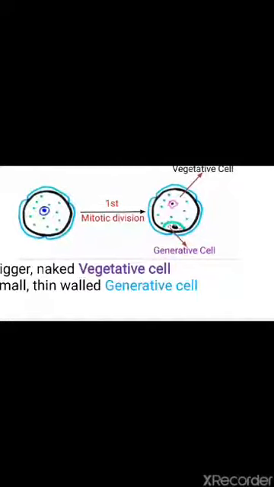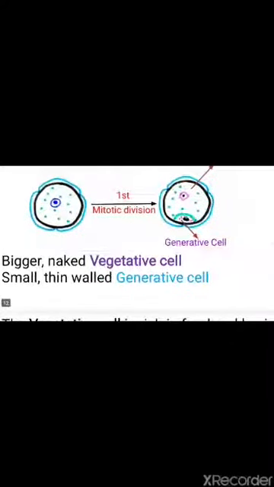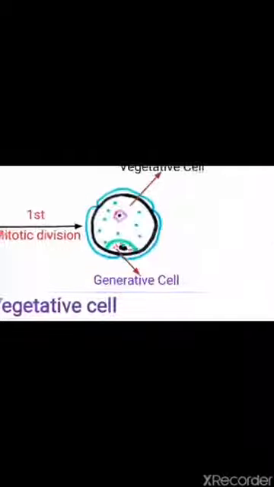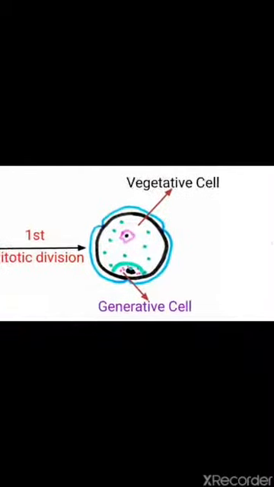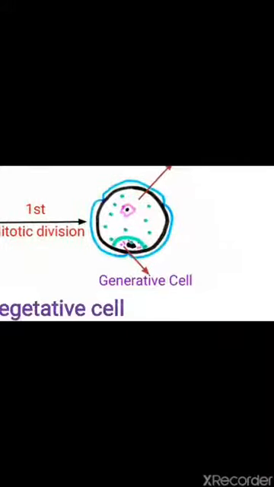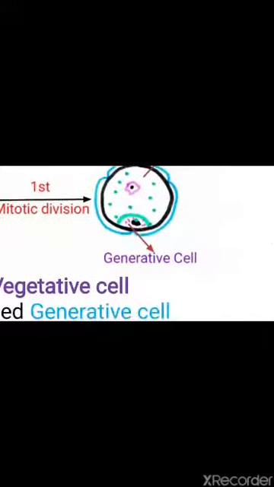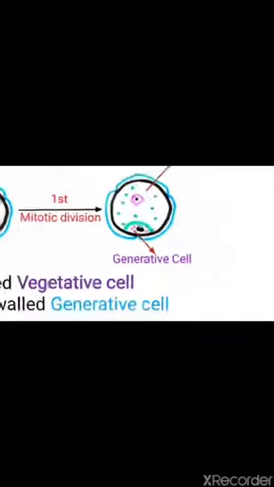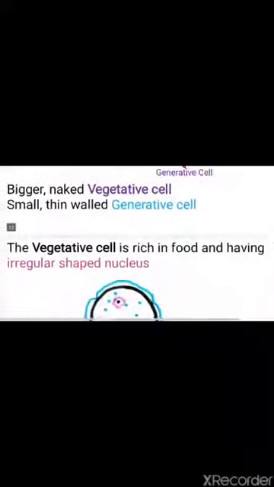So the vegetative cell is a bigger cell, it is naked, and the generative cell is small and thin walled.